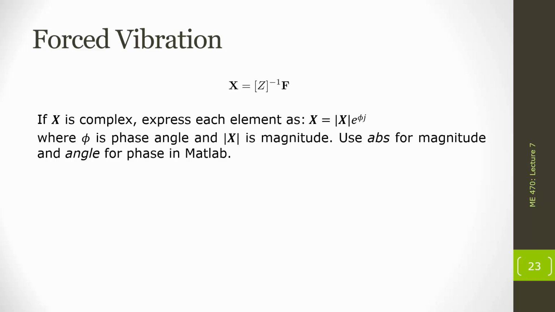Just like when we take the magnitude of a vector or the magnitude of any other complex number, we're going to find the absolute value by taking the square root of the sum of the squares. So it's the coefficient in front of the real part squared, plus the coefficient in front of the imaginary part squared, and the square root of that. That tells us the magnitude of this element of x. And then the angle is going to be just like we would find an angle for a vector with i, j components.